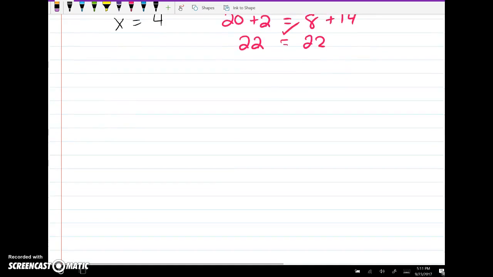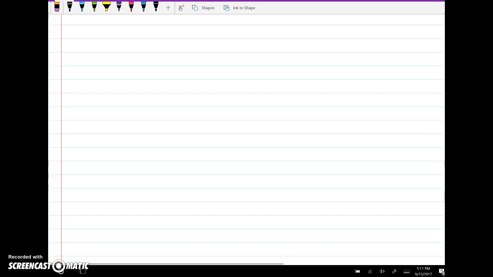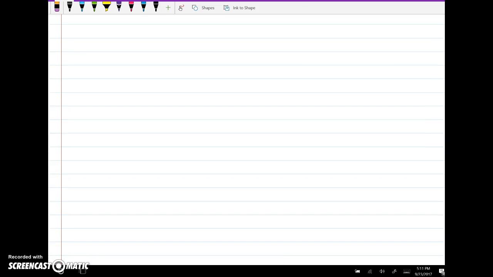Let's try another problem. Let's look at 7k plus 2 equals 4k minus 10. Again, I'm going to draw a line down the equal sign. You don't have to do it, but it can sometimes help keep us organized.